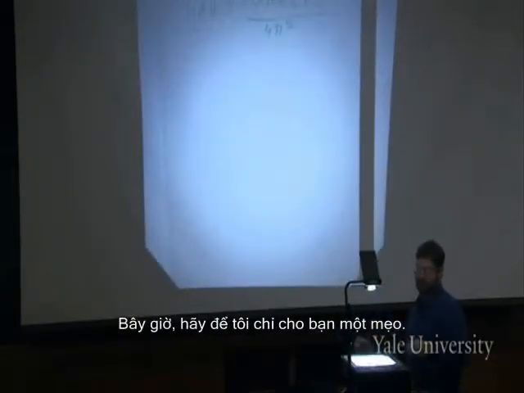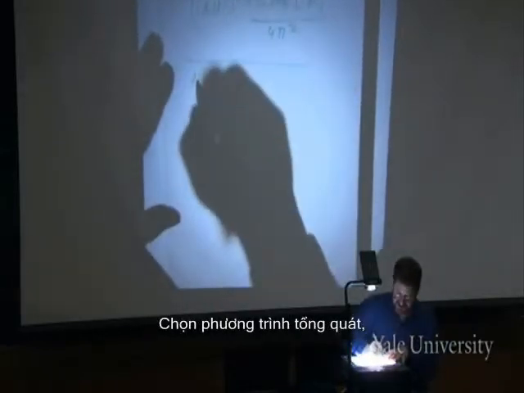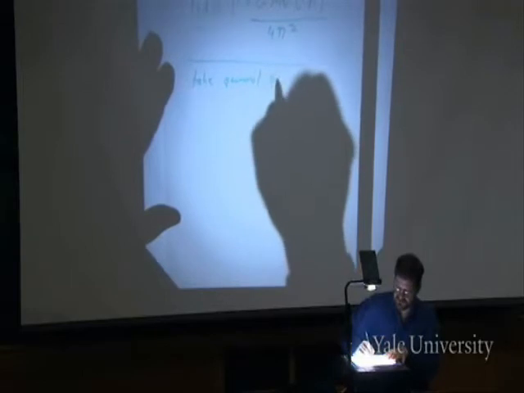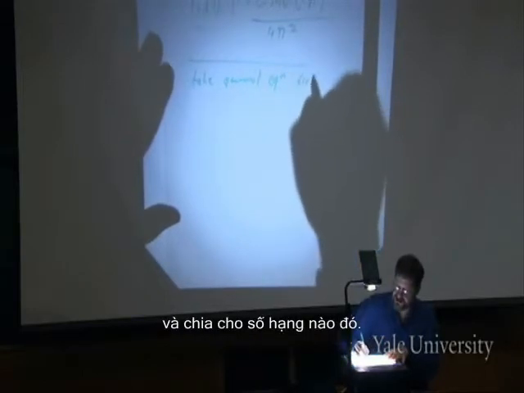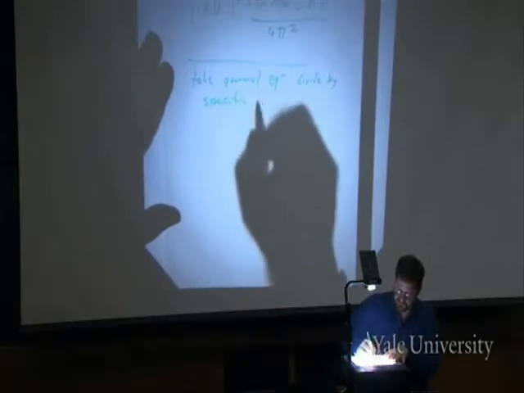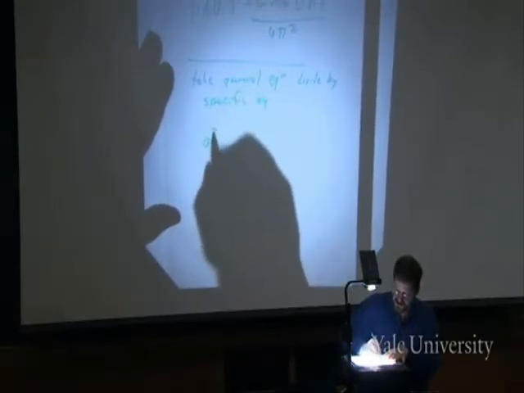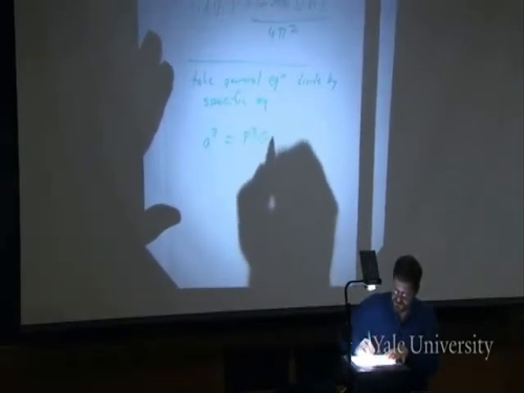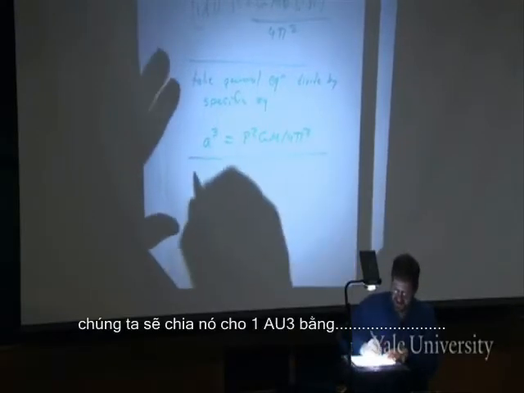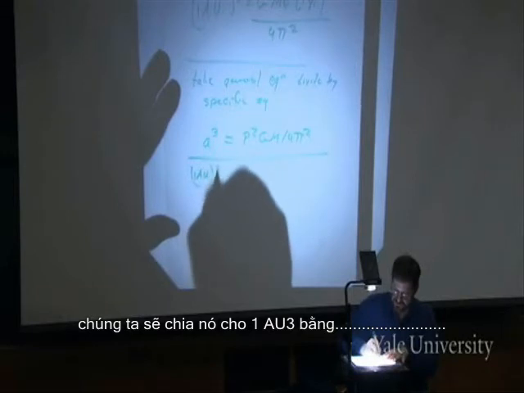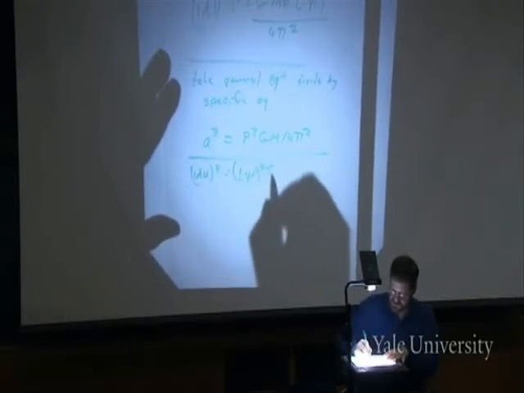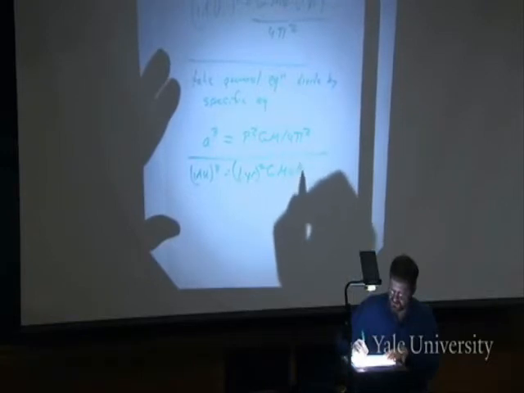Now, let me show you a trick. Take the general equation, this is a useful trick, and divide by the specific equation. So, a cubed equals P squared GM over 4 pi squared, and we're going to divide that by 1 AU cubed equals 1 year squared G, mass of the Sun, over 4 pi squared.